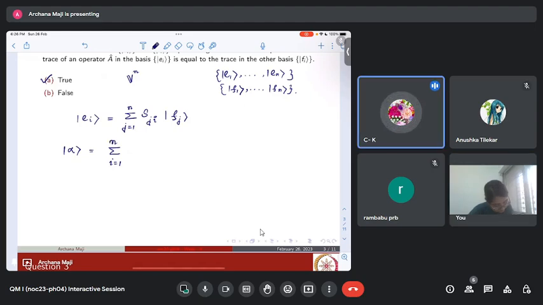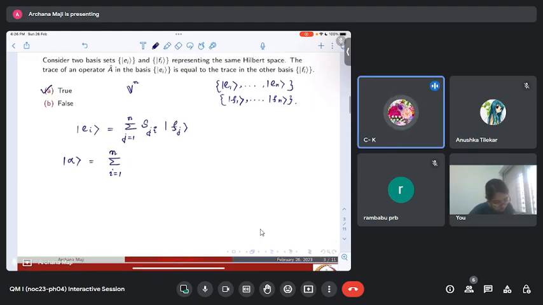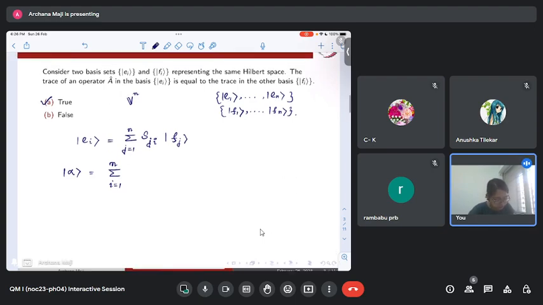Madam, what is the symbol there? Yeah, it's ci. I mean, this is a set of numbers. Meaning, what I meant is that this is a vector. You can write this vector as a linear superposition of these vectors. So these are numbers, complex numbers.